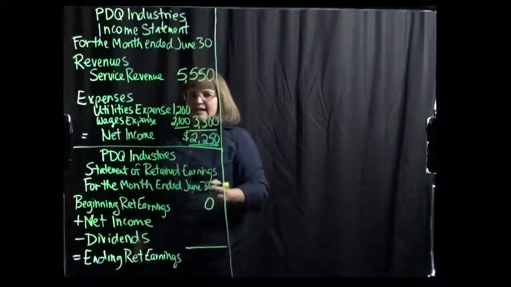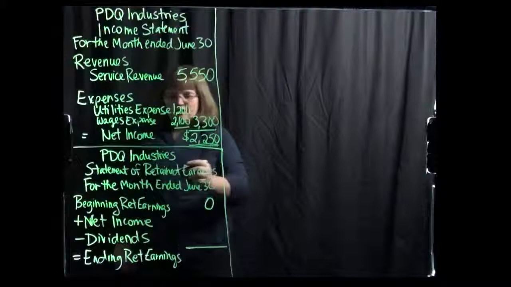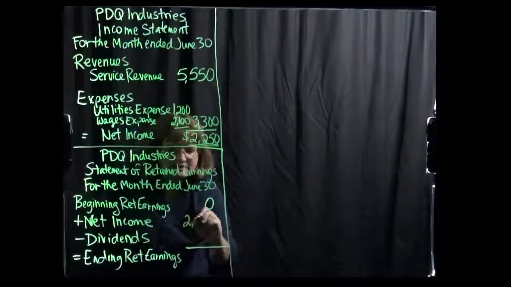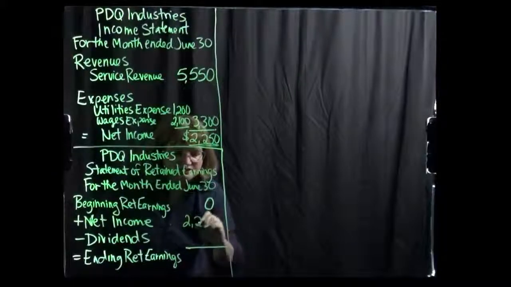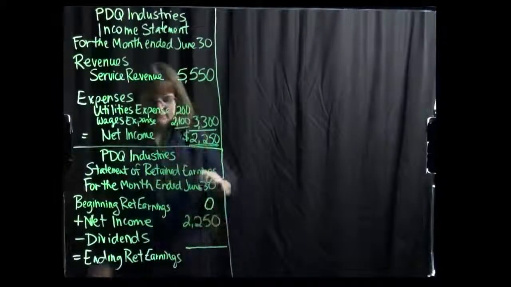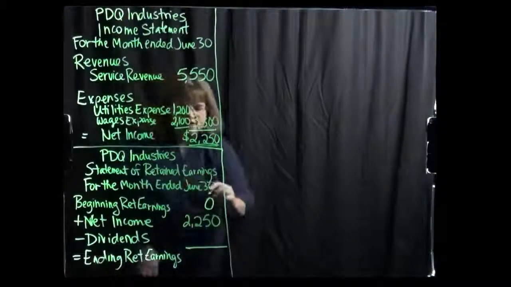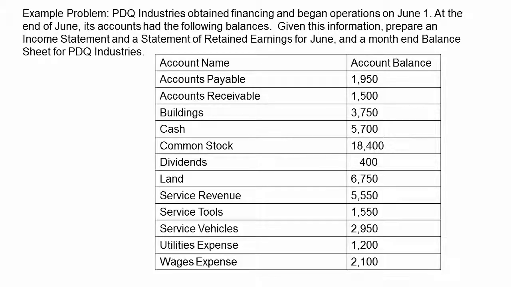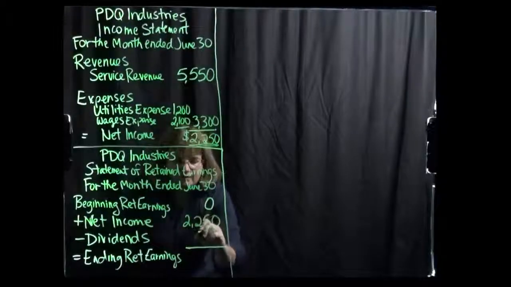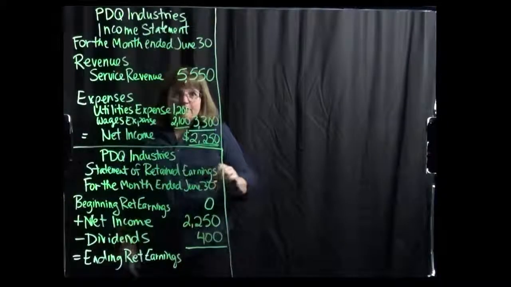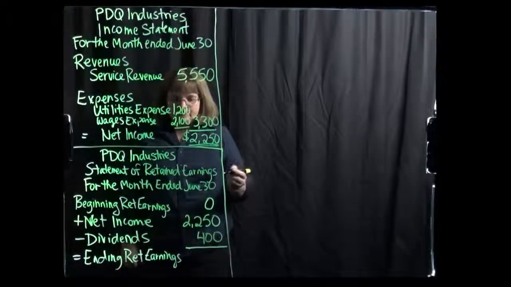Okay, in this case, the net income we calculated in our income statement here, $2,250, and so we write that in as our amount to be added to the beginning balance of zero. And then the dividends were given to us as $400. Pretty unusual company to pay dividends in the first month of operations, but it gives us an example to use.